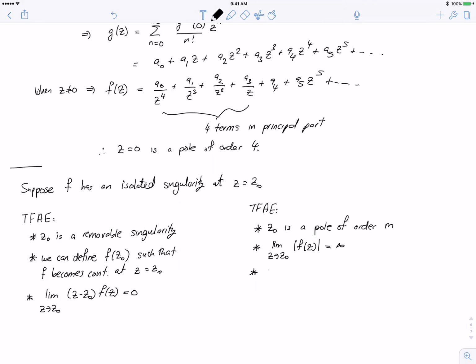So an equivalent definition is we can write f of z equals g of z on z minus z naught to the power of m for some function g that is analytic near z naught and g of z naught does not equal 0.